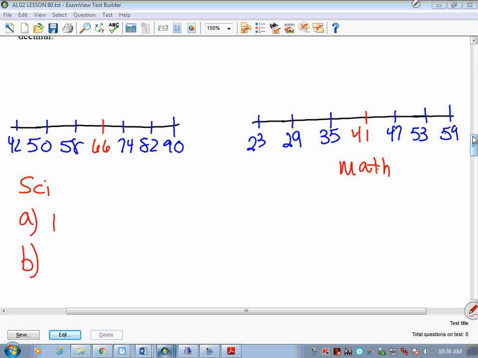What percent of the math scores are between Natalie's score and the mean portion? Okay, well, she scored a 47, right? This represents 68%. So our question is, what percentage of this class was between 35 and, oh, I'm sorry, I messed that up.